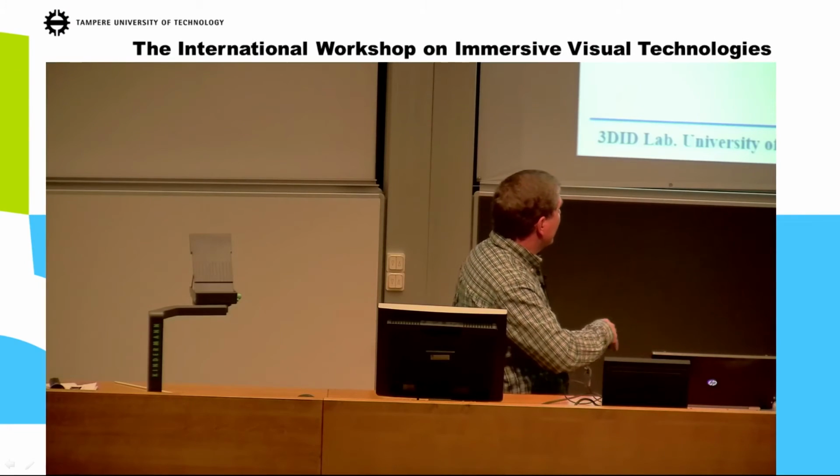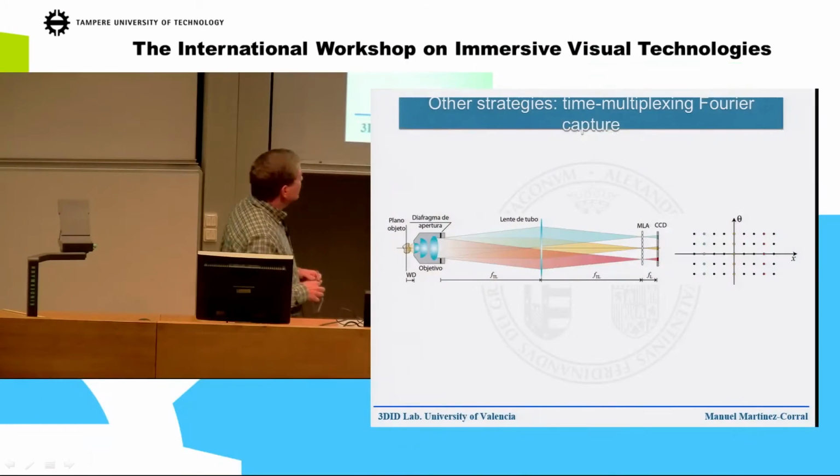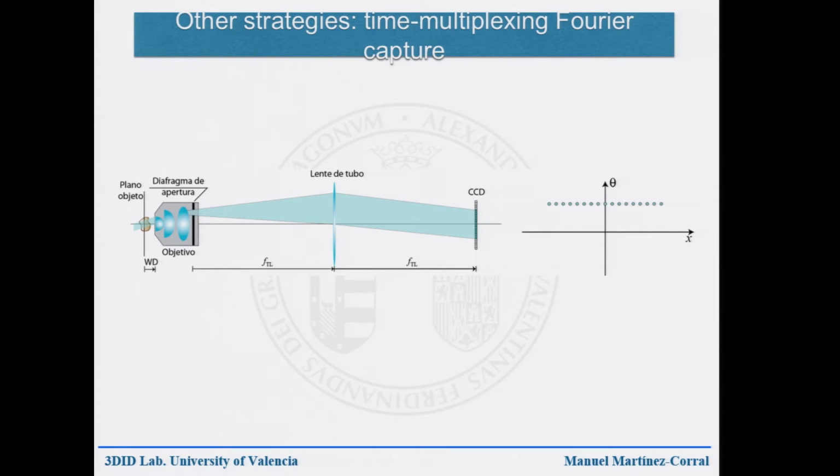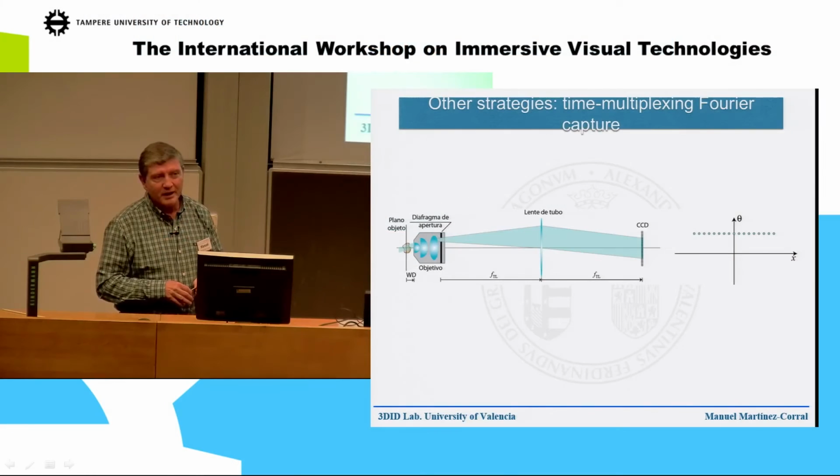Then our next idea is to try to implement a different way of capturing the radiance map. Our plan is to remove the microlens array and then to make a windowing in the aperture plane of the microscope.